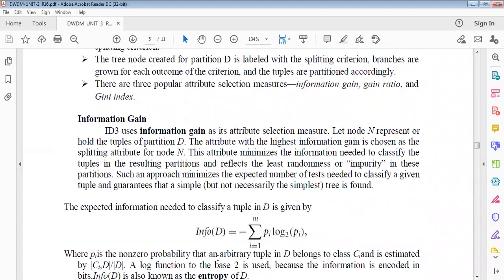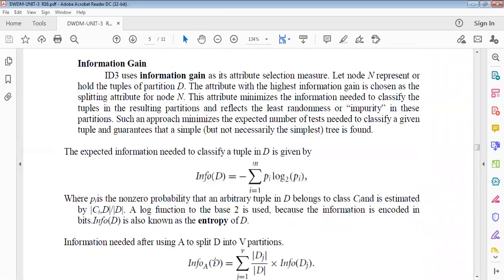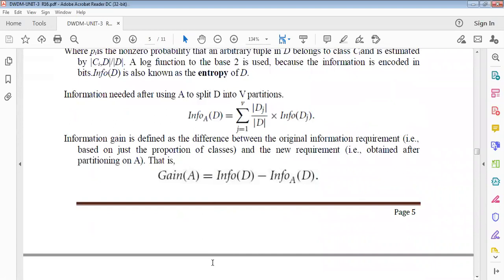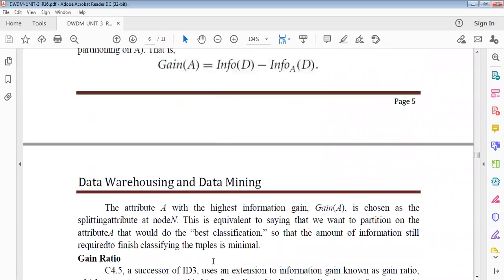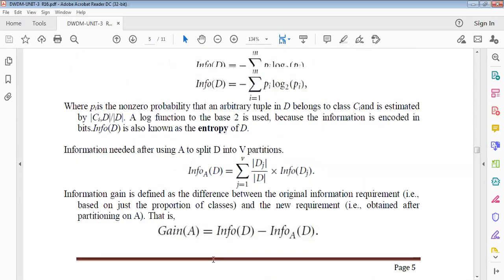This is the way you can compute the information gain. The attribute with the highest information gain, that is Gain(A), is chosen as the splitting attribute at node N. So this is the best classification. This is regarding information gain.